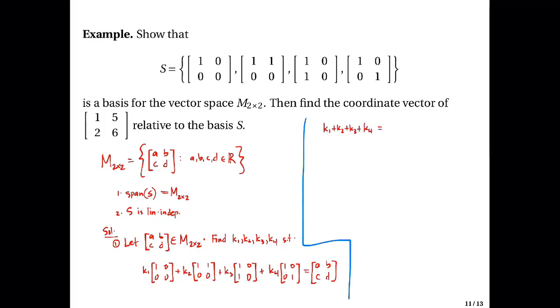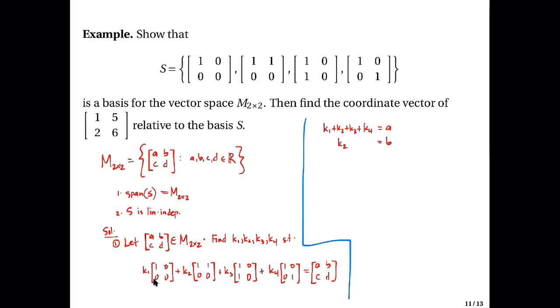This is equal to A. The A12 entry, this guy here: K1 times 0, that's 0, K2 here, and then this one is 0, and this one is 0. So we only have K2 equals B.